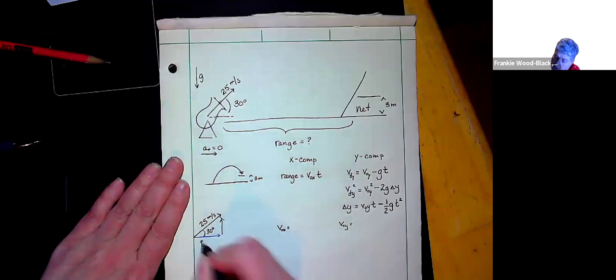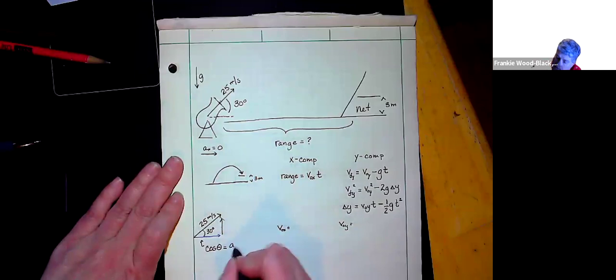So the X component is going to be the cosine of the angle is equal to the adjacent side divided by the hypotenuse. And there's my hypotenuse. Cosine of my angle is equal to my adjacent side.